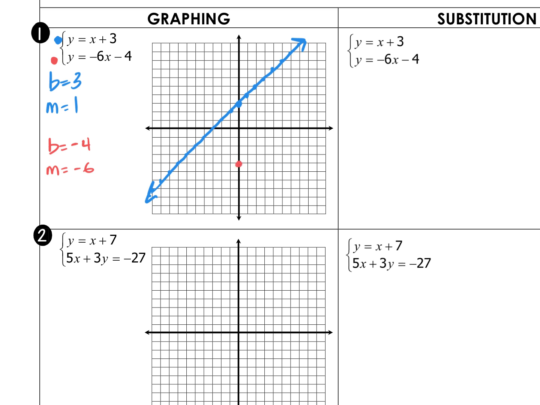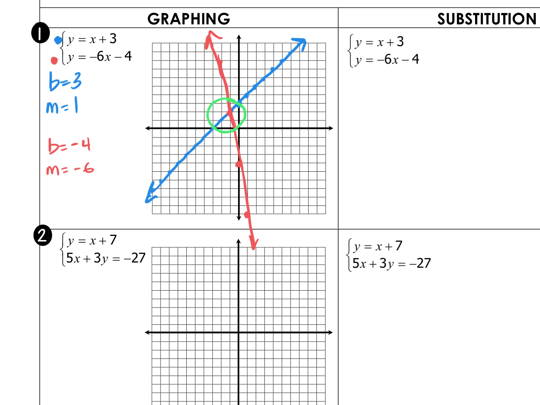Then I'm going to go down 6, right 1. I run out of space, so I can change that by going up 6, left 1. And I'll get the same line. And we can see our point of intersection is right here.